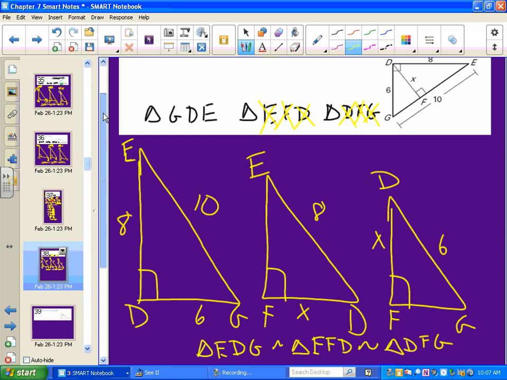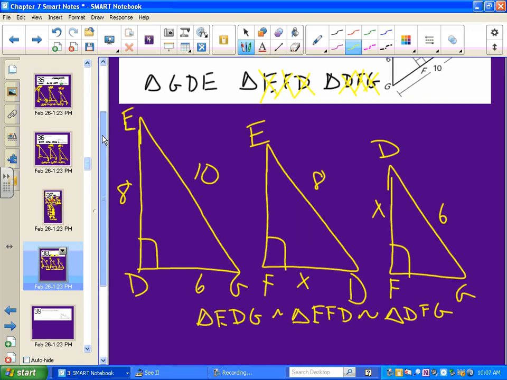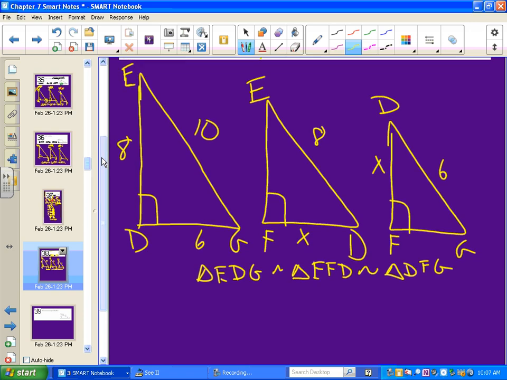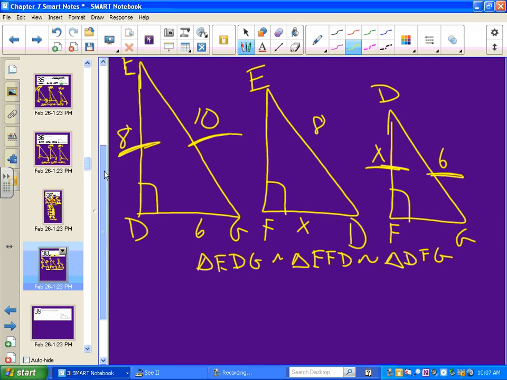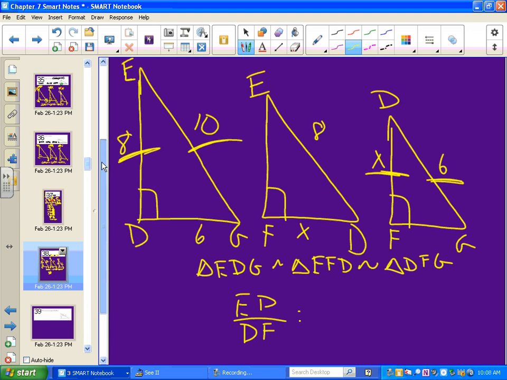From here, now I solve for x. I have to set up a proportion that involves x. Okay, so I see here that ED is to DF as EG is to DG.